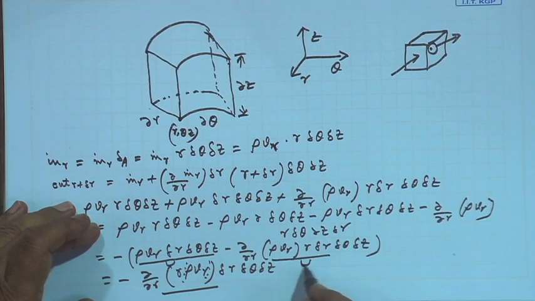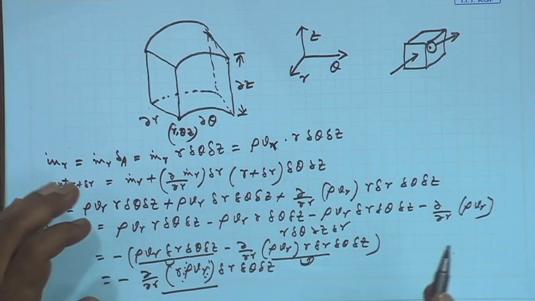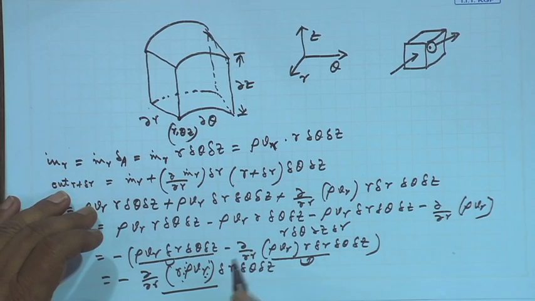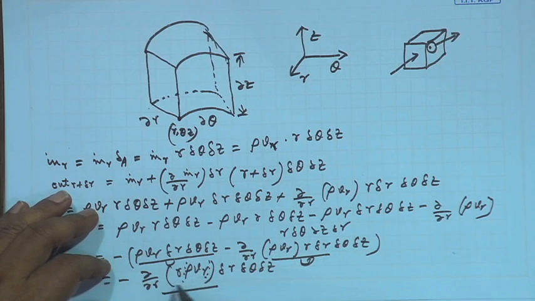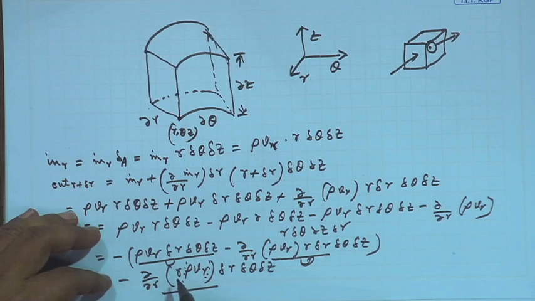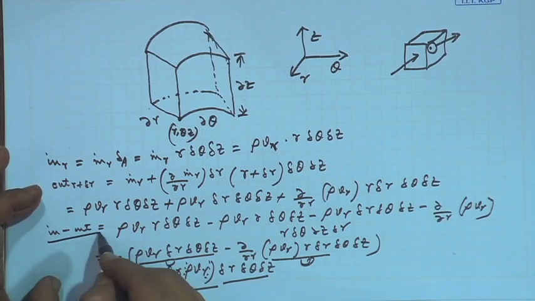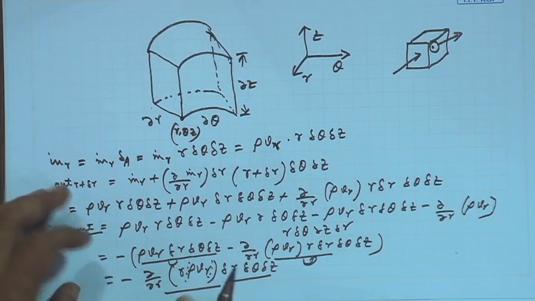If we make UV the del of something of UV, that expansion method if we apply here, then that expanded form is like this, which on clubbing we get r rho V r as the variable, and del r of r rho V r del r del theta del z is the in minus out, of course with a negative, right.